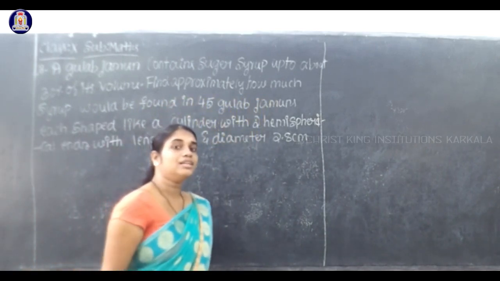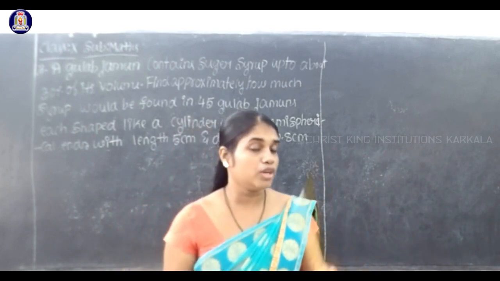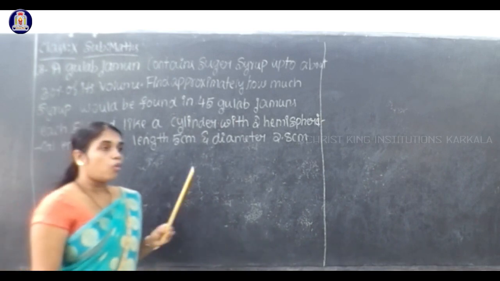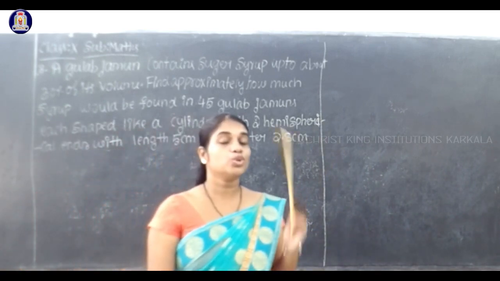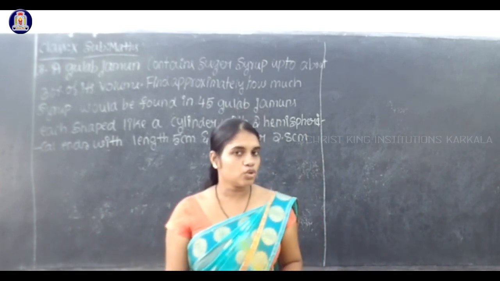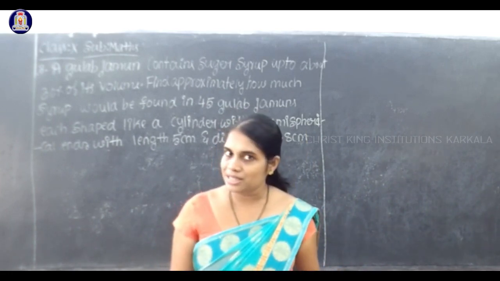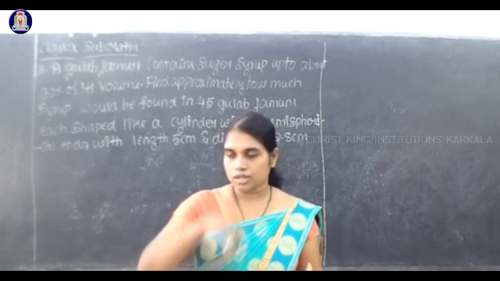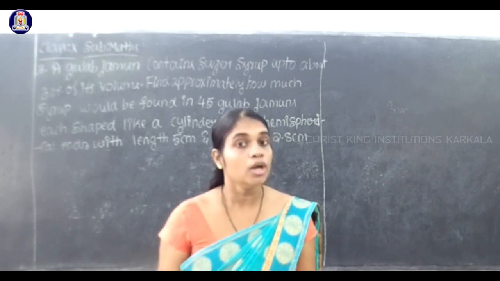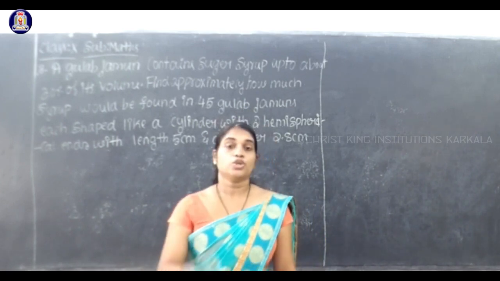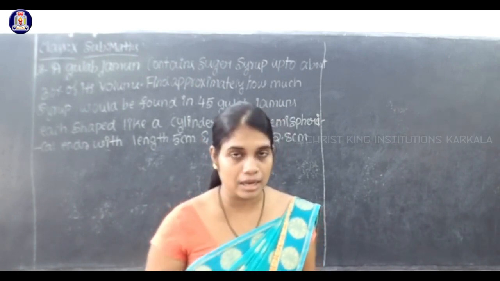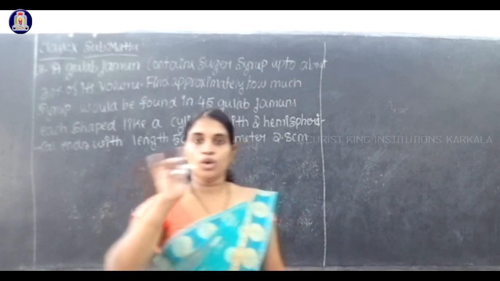Your container contains 45 gulab jamuns. So what you have to find is the quantity of sugar syrup in 45 gulab jamuns.